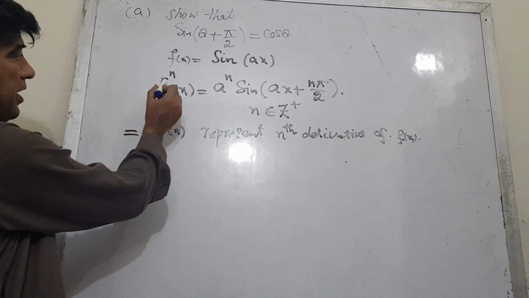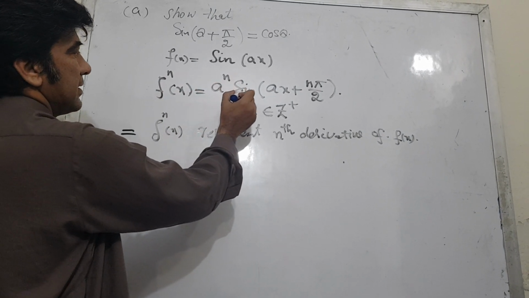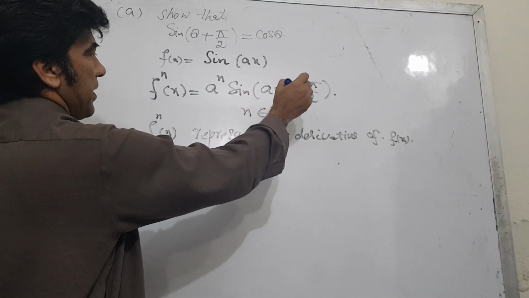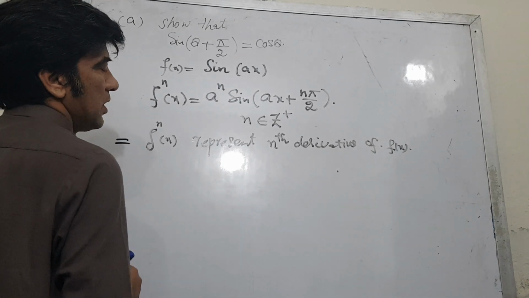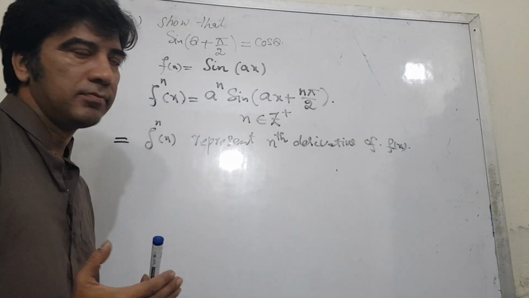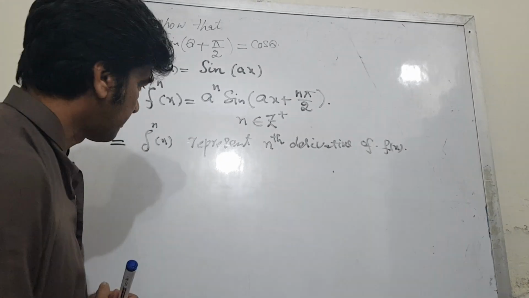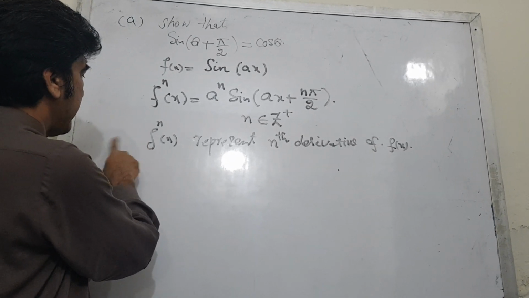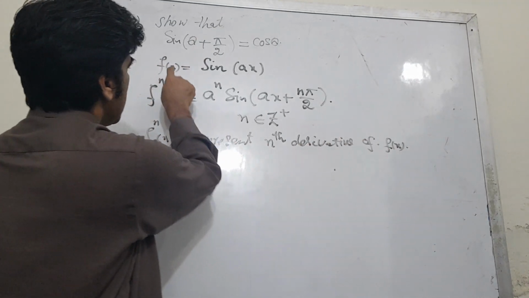He said f_n(x) is equal to a^n sine(ax plus n pi over 2), where n belongs to Z positive. Z positive means positive integers starting from 1 onward, right? And he also explained f_n represents the nth derivative of this function f(x).